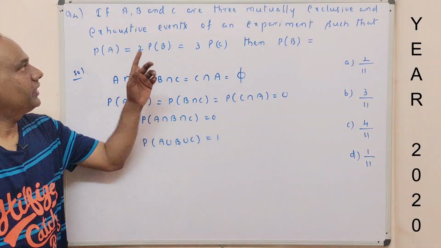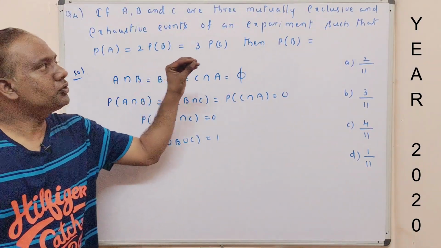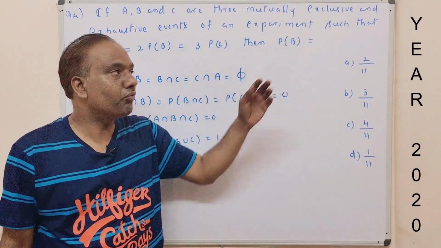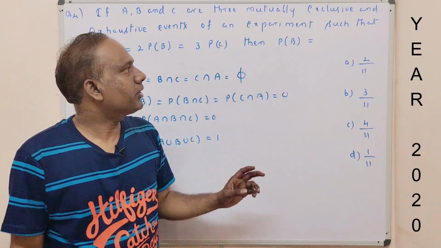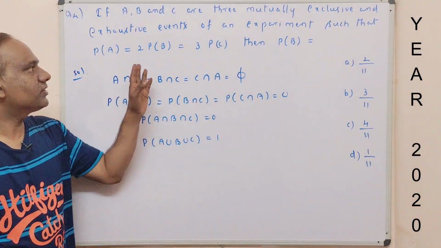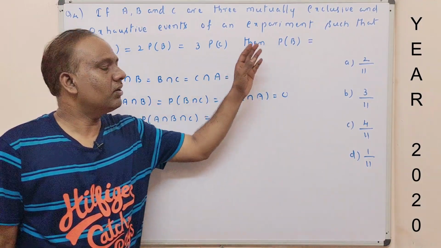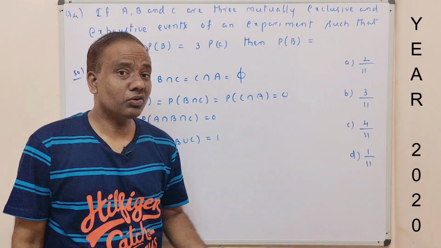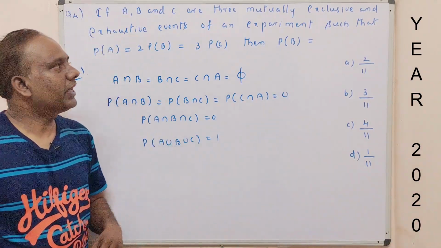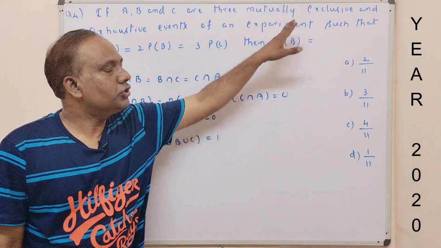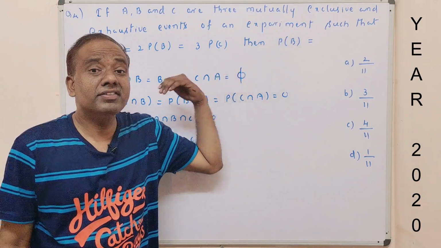Okay, here A, B, C are three mutually exclusive and exhaustive events of an experiment such that P of A is equal to 2 into P of B is equal to 3 into P of C. Then what is P of B? That is the question here. So here actually the condition is mutually exclusive and exhaustive events.